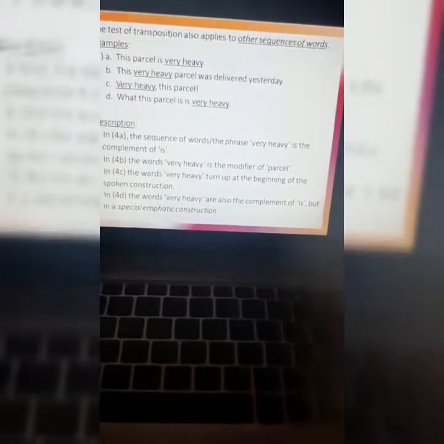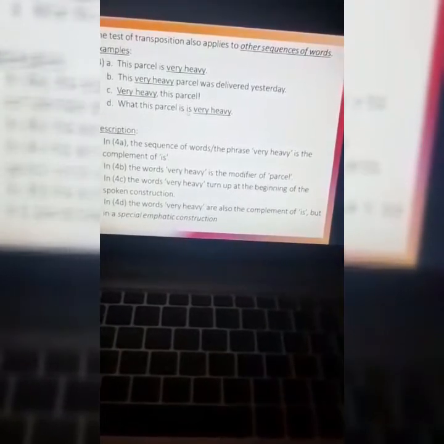Is yang kedua itu adalah sebagai emphatic. Sebagai emphatic maksudnya apa? Penegas. Like I do love you. Kata kerjanya love, do-nya itu sebagai penegas. Berarti what this parcel is very heavy. Berarti yang penegasnya ini is pertama, is yang kedua adalah kata kerja main verb-nya.